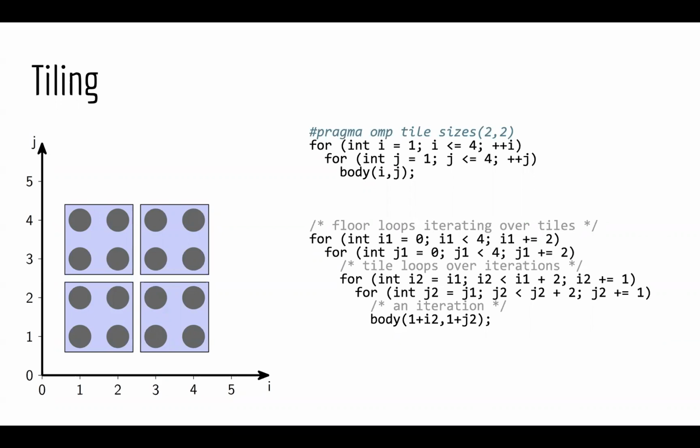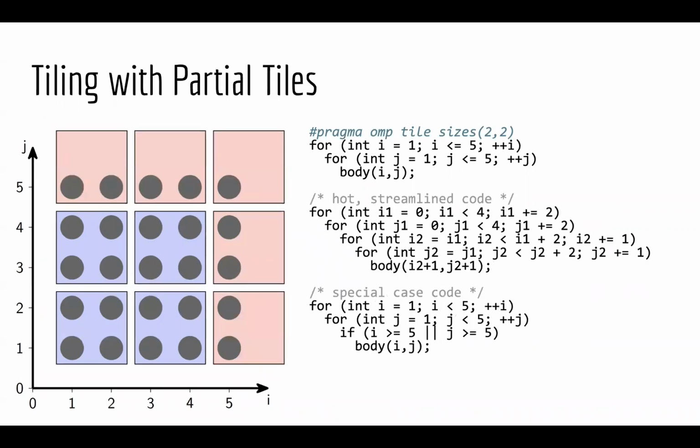Tiling is an often used loop optimization for speed, but the actual code for using it can get quite complicated, as you see on the right. This one shows just having the complete tiles. Next slide, please. If you have loops where the loop iterations are not a multiple of the tile size, it gets even more complicated.